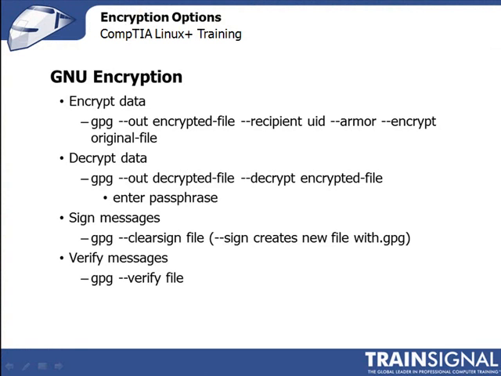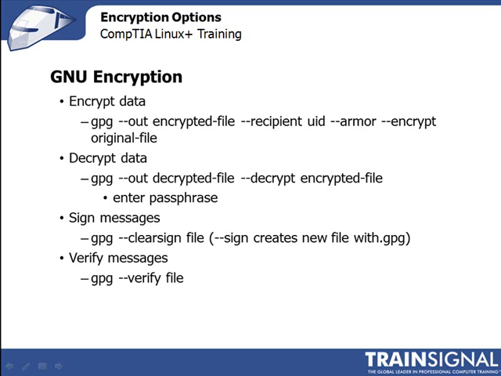Say you wanted to encrypt a file, you use the command gpg --output name of the encrypted file --recipient user ID --armor --encrypt the original file name. Armor and recipient are optional, and you can get the UID from the gpg --list-keys command. Or you could also use the email address instead.